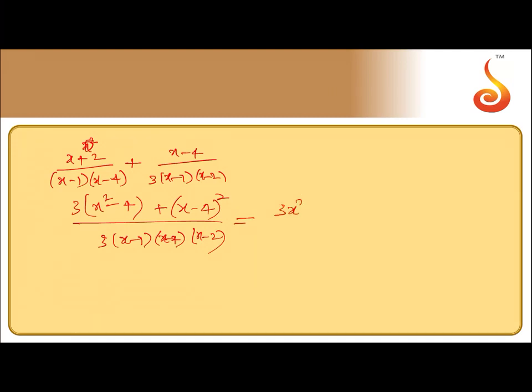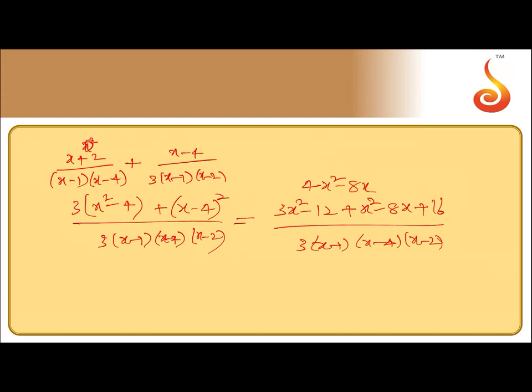That is equal to 3x² − 12 + x² − 8x + 16 divided by 3 times (x − 1)(x − 4)(x − 2). 3x² plus x² simplifies to 4x² − 8x + 4, which is nothing but 4 times (x − 1) whole squared. One (x − 1) gets cancelled, and by substituting x = 1, the denominator is not 0 and the numerator is 0.